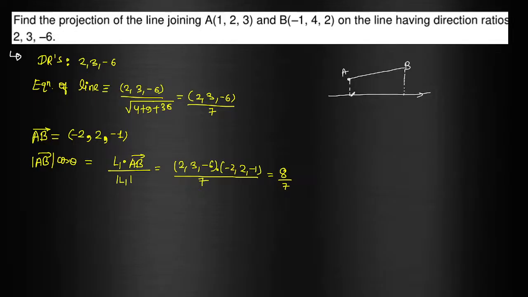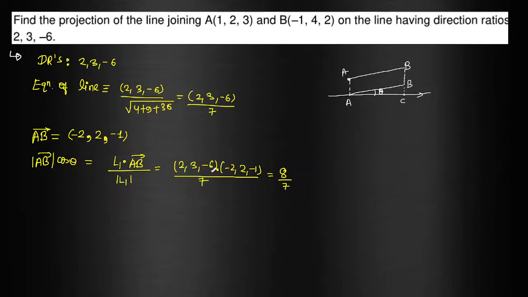We can simply shift it parallelly. This is theta. The equation of line AB is this. We found the unit line.